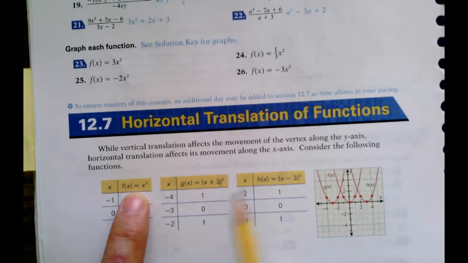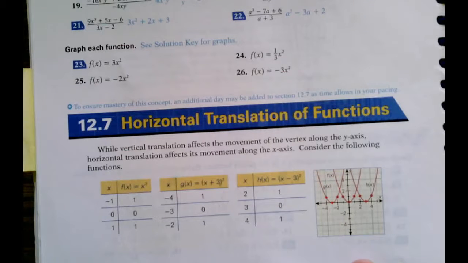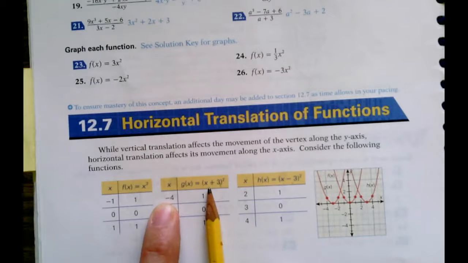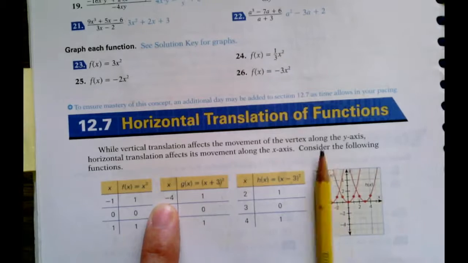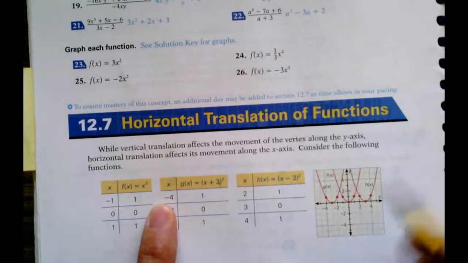And that changes things. Or here we're subtracting 3 before we square it. So this changes the way our function looks because it moves it around on the graph. So this is our original.